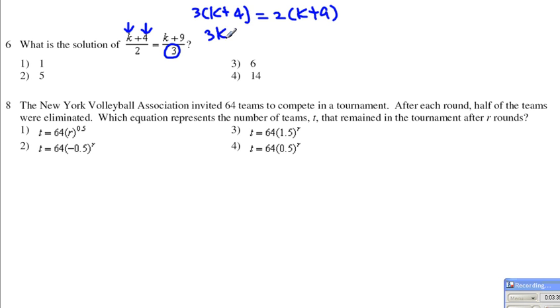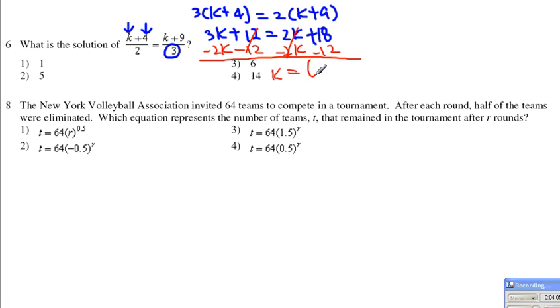Now we have 3k plus 12, which is equal to 2k plus 18. Now as we subtract 2k from each side, and then subtract 12 from each side, we'll end up getting k that's left, which is equal to 6. Therefore, our answer will be choice number 3.